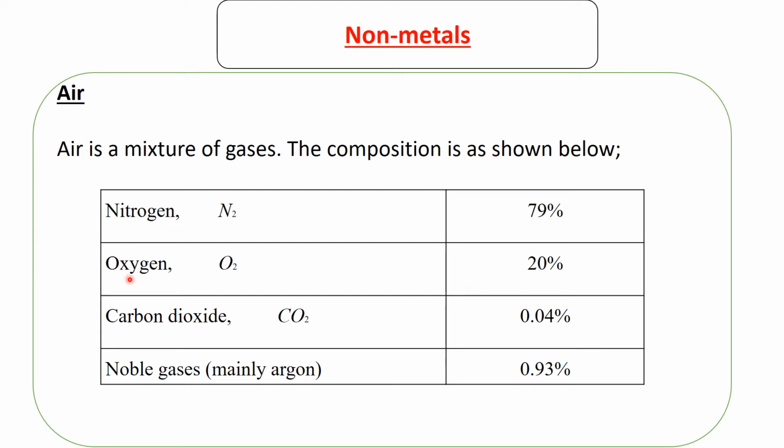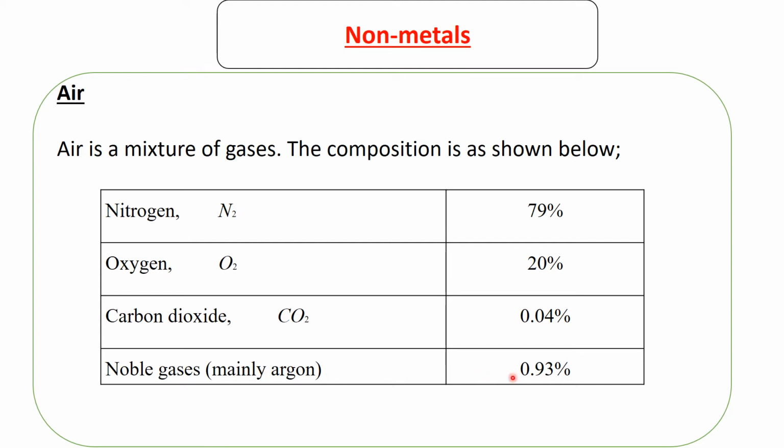Then the second one is oxygen, whose formula is O2. Oxygen is 20%. Then carbon dioxide is third, which is 0.04%. Then the noble gases, the group 8 elements: argon, helium, krypton.